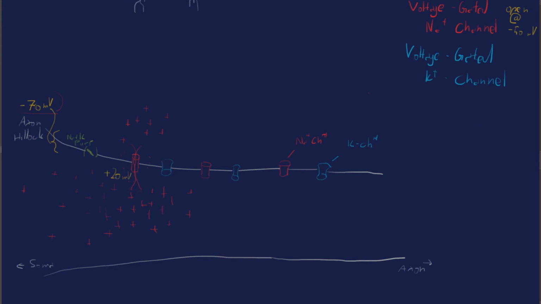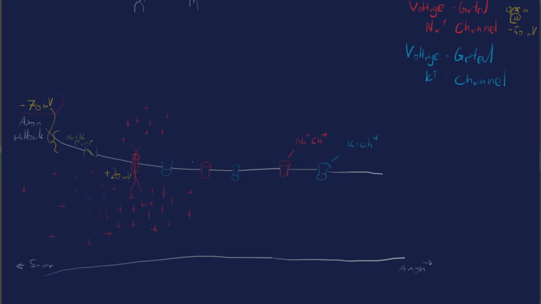And as you go further away from this voltage gated sodium channel, yes, the voltage will decrease because the concentration of positive ions decreases. However, here just next door you have another voltage gated sodium channel. And so if here the voltage is plus 20, here maybe it will reach minus 20, minus 30, minus 40, which is still above the threshold of minus 50.